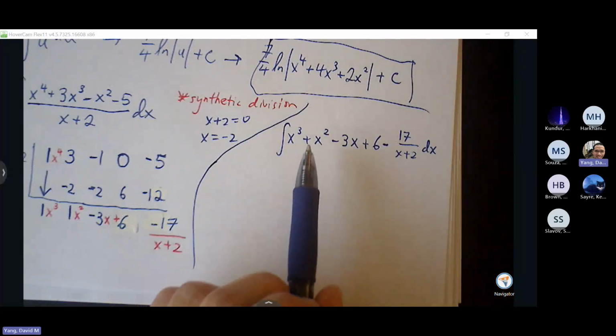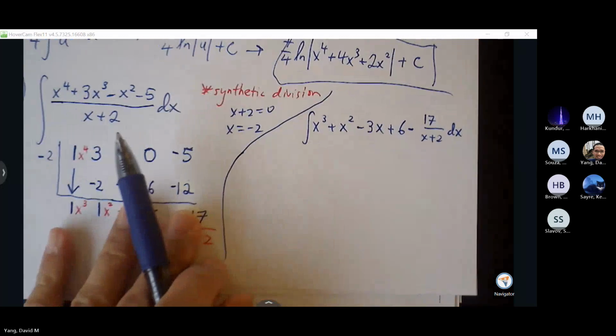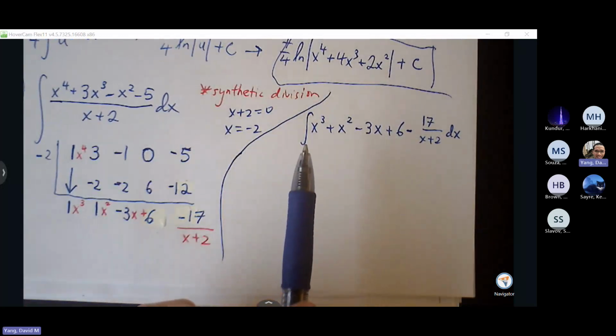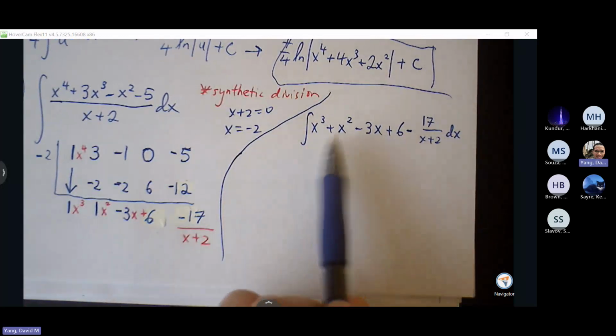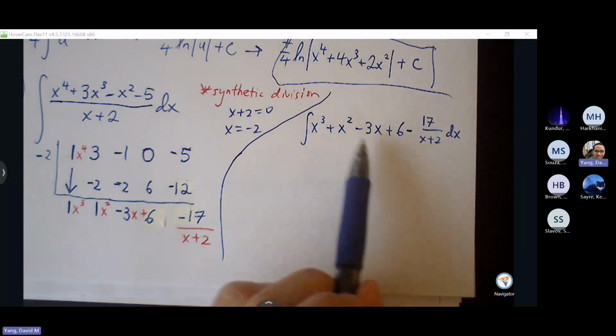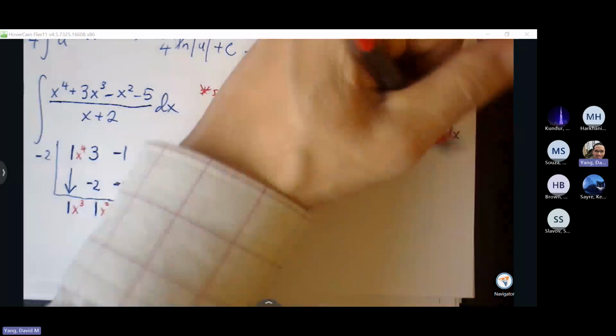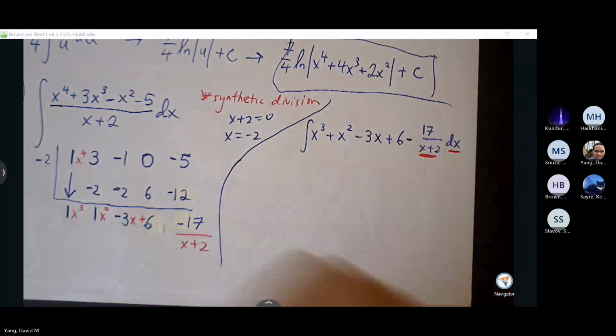So it's nice that we now have 5 terms, and each term will get its own rule. The first 4 terms, we can just use what rule? Power rule, right? And the last term, we can use substitution, right? The u value being the denominator, and it's going to be a simple natural log rule.